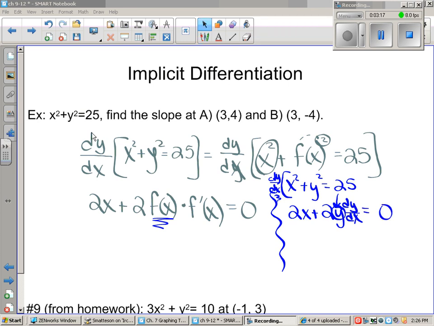Now come back to this left-hand side, this one that's in gray. Once you see that, if we're doing this at the point (3,4), then it's pretty simple what we're doing. In place of x, you're going to plug in 3.